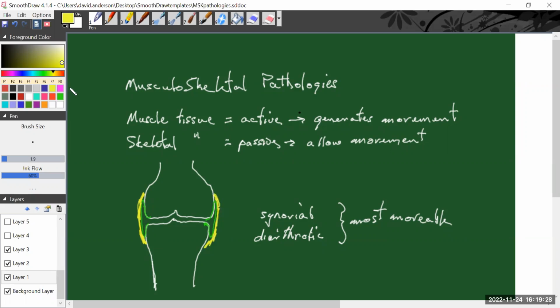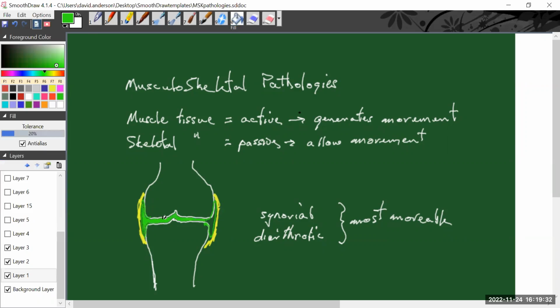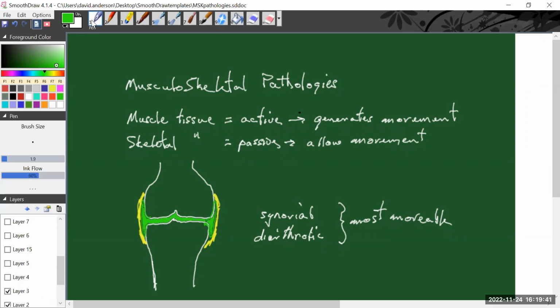And then that space between is the synovial space, and it's filled with synovial fluid. And synovial fluid is a lubricant, and it makes for very easy movement between joint surfaces. And then most of us are aware that on a joint this big, it will have some cartilage. Sometimes it's just called articulating cartilage, and it protects the underlying bone tissue.